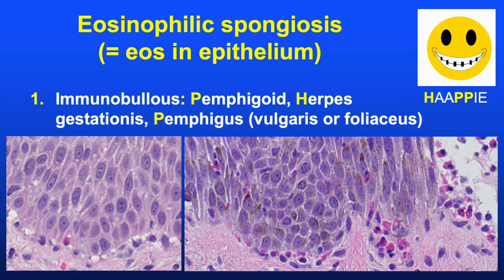classically including immunobullous disorders such as bullous pemphigoid, wherein even in the absence of a subepidermal blister, one can see eosinophils lining up along and around the dermal epidermal basement membrane zone in conjunction with junctional vacuoles as a clue to bullous pemphigoid.